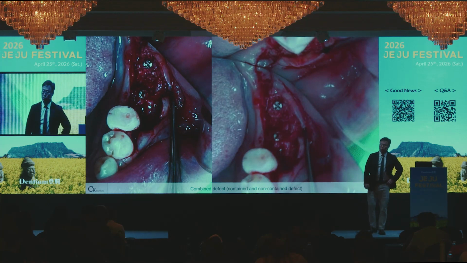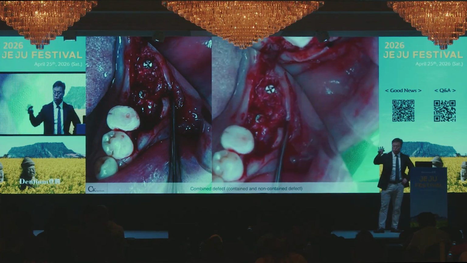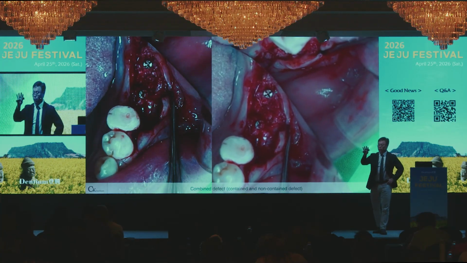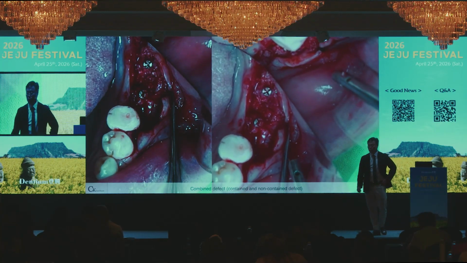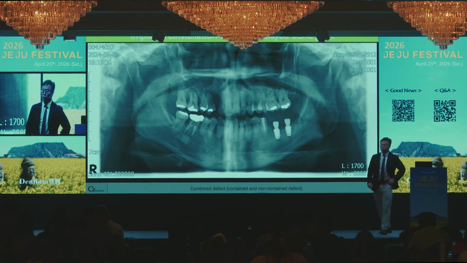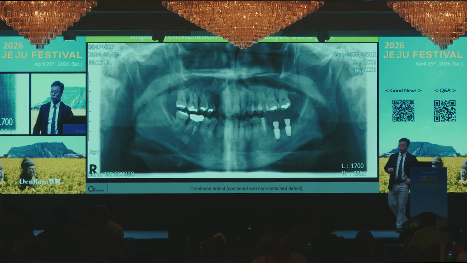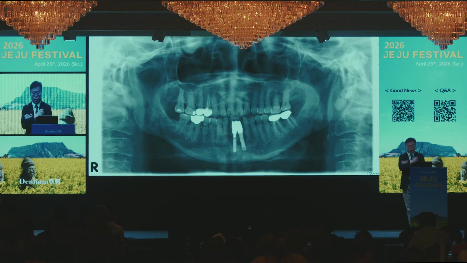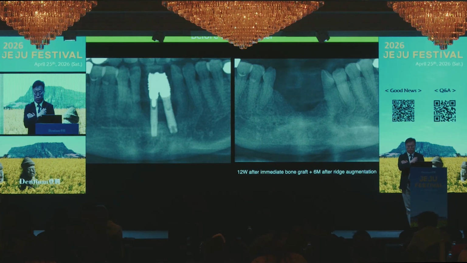After 6 months, we found the augmented bone is maintained properly and placed the implant like this. This is delayed bone graft after removal of the implant. Let me summarize. I'm going to skip this one. This is the same delayed ridge augmentation procedure.